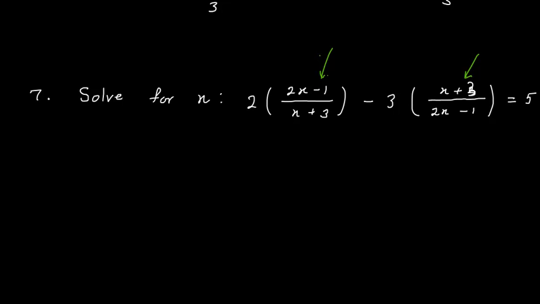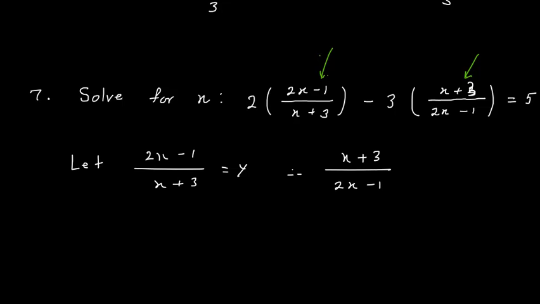So what we say, we consider one term as, say, y. So here let us say, I will say that let this 2x minus 1 upon x plus 3 equal y. So therefore x plus 3 upon 2x minus 1 will become 1 upon y.